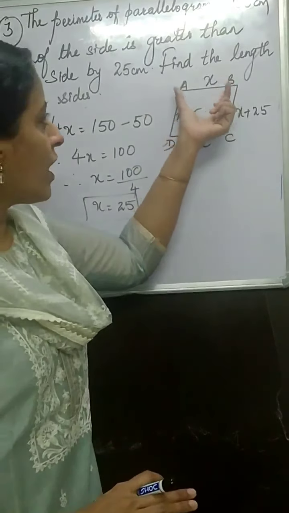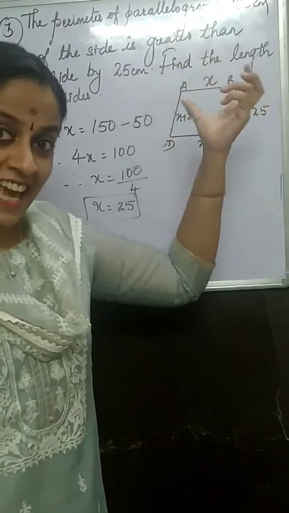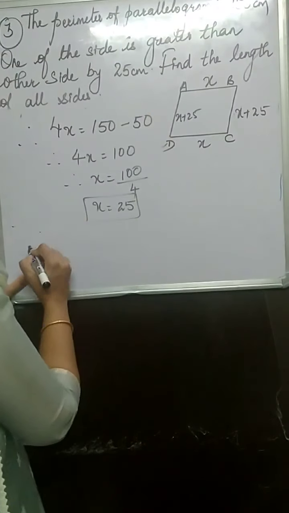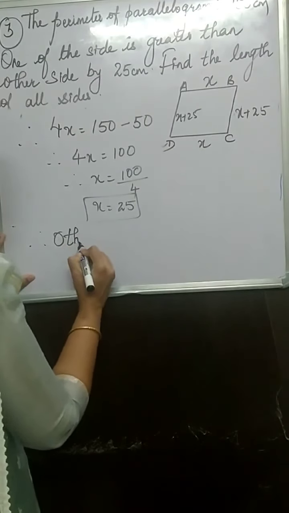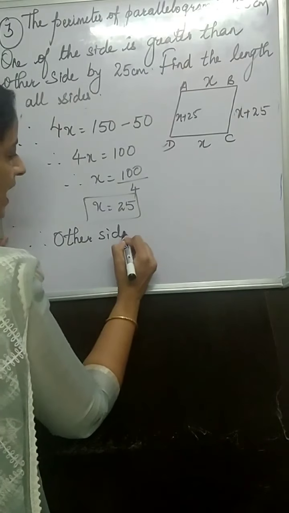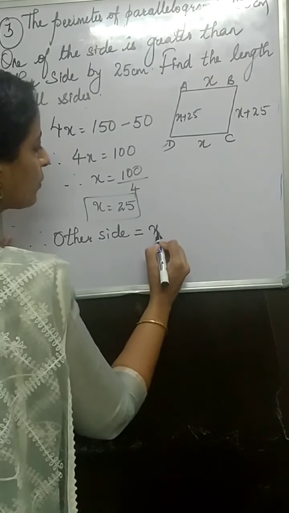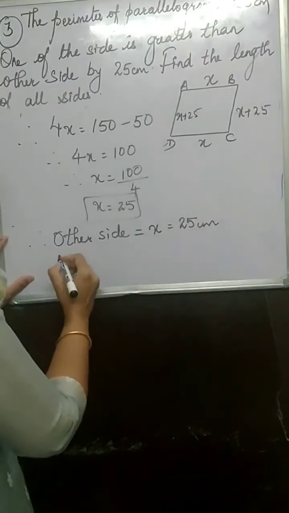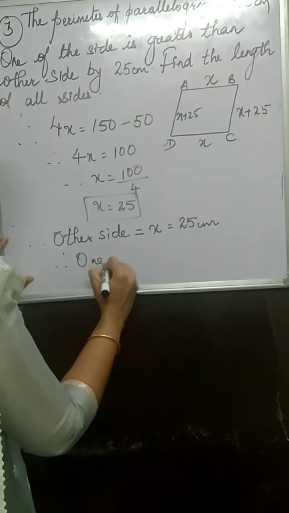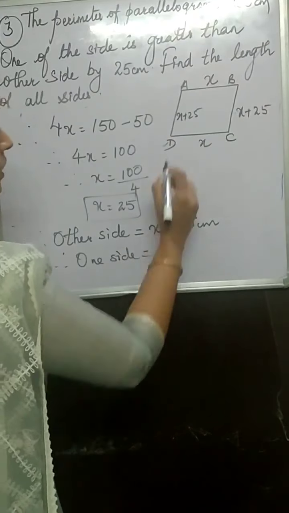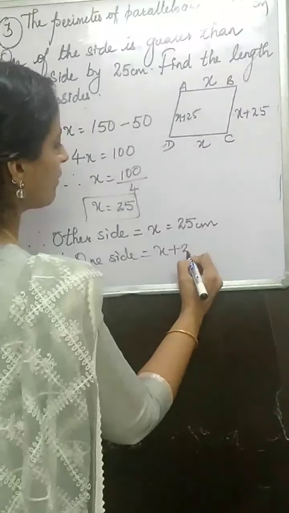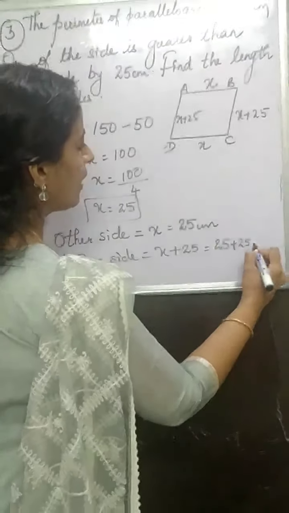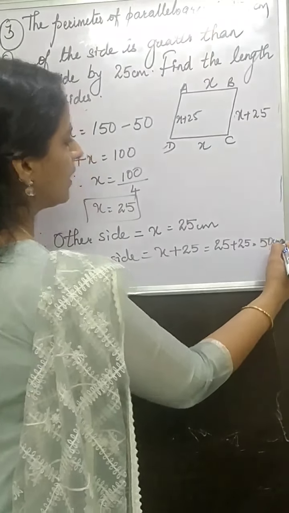If one side is x, that is 25, what will be the other side? Write down: therefore, we had taken the other side as x, so the other side is x equal to 25 centimeter. Therefore, one side is equal to x plus 25, which is 25 plus 25, 50 centimeter.